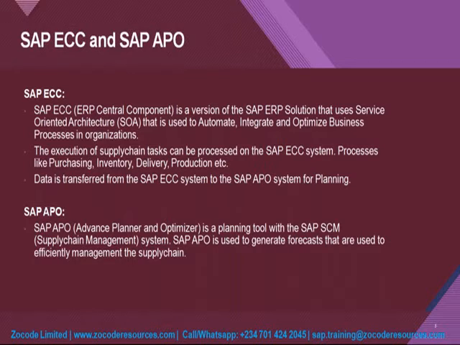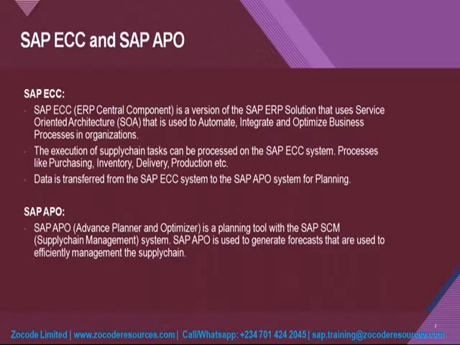Okay, just to give you a picture of the ECC system and the APO and how they relate. SAP APO is a planning tool within the SAP Supply Chain Management System.